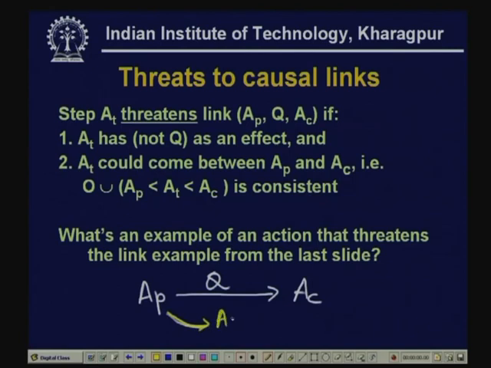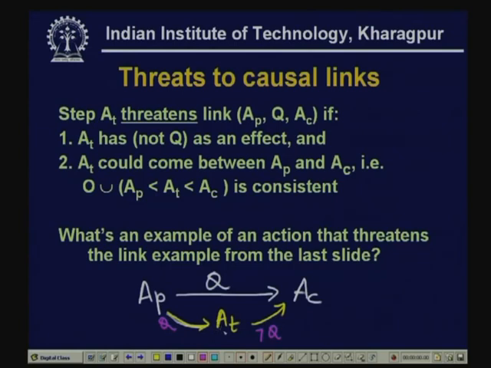If I put in an action AT between AP and AC, such that AT has not Q as its effect, what will happen? AP achieves Q, AT achieves not Q. So, if AT achieves not Q, AC cannot be executed immediately after AT, because the Q which AC requires is gone.